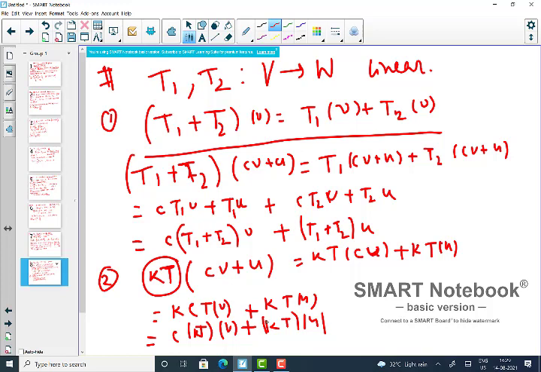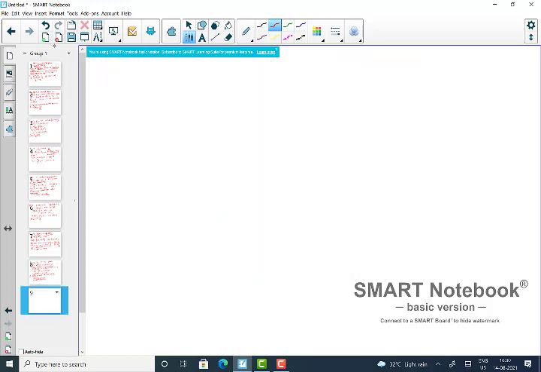So what does that mean? That means if you collect the space of all linear maps from V to W, and you define the operation like this and scalar multiplication like this, then they will also form a vector space. And this is our new definition.